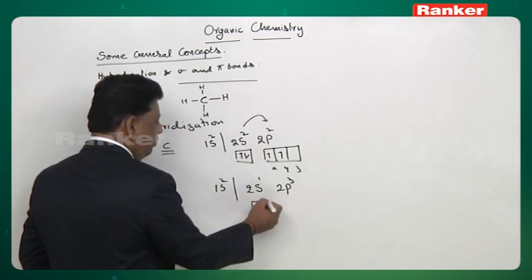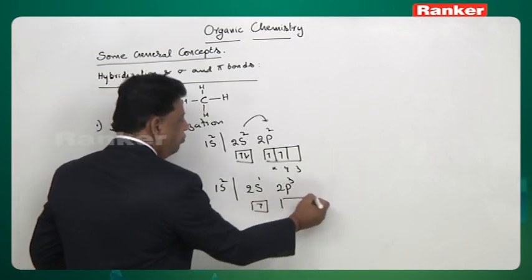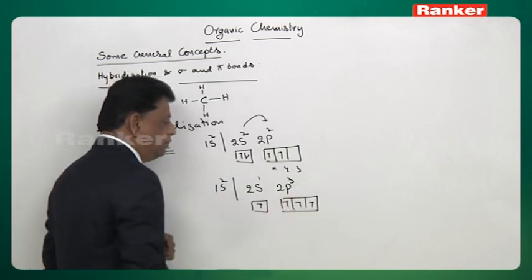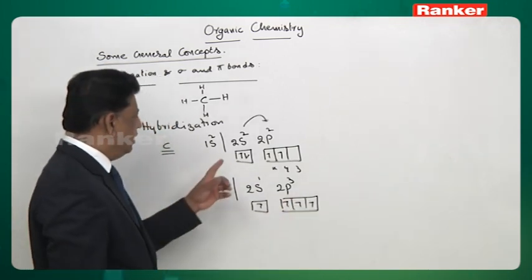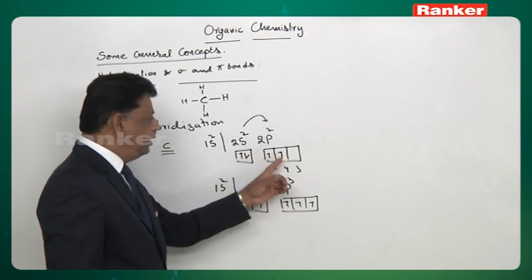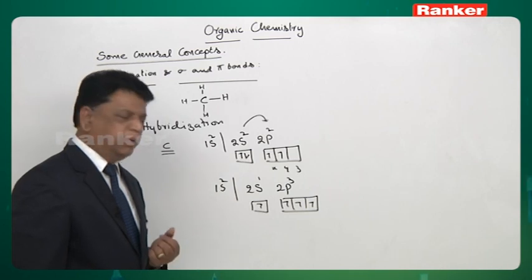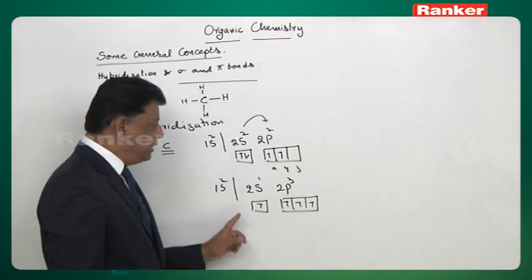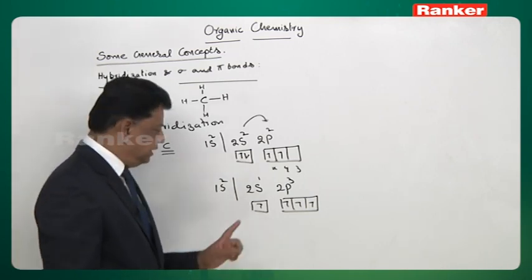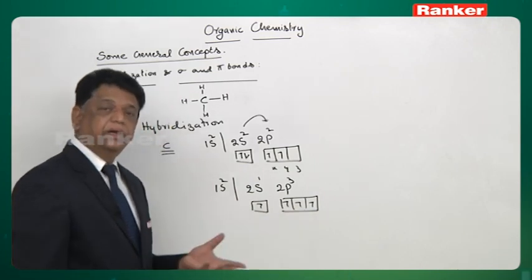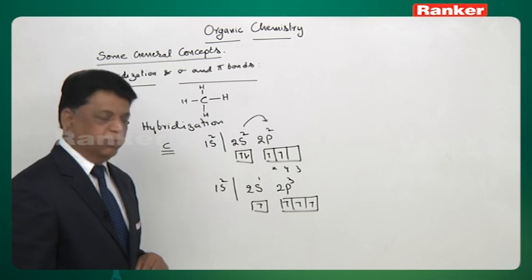So, now 4 unpaired electrons are available. The question is, how does carbon, with only 2 unpaired electrons in the ground state, make 4 bonds? We have to say that in the excited electronic configuration there are 4 unpaired electrons, thereby it is able to make the 4 bonds.